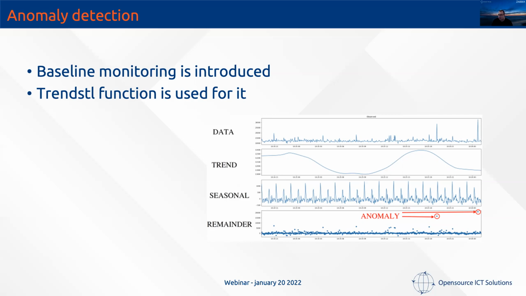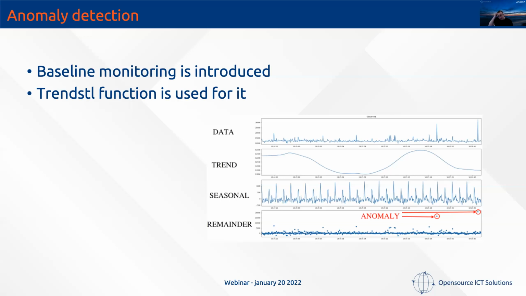How is it doing it? Well, it's taking the data, so all the data points. It's taking the trend data so that it knows the long-term behavior. It's looking at the seasonal data. And based on those three data types, it can actually look for patterns.